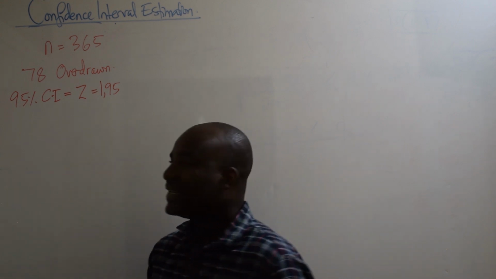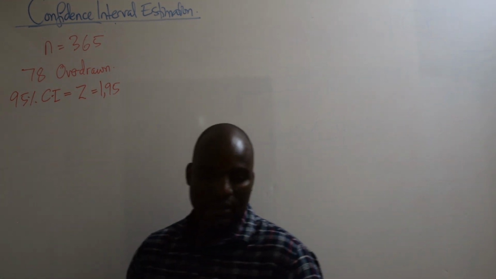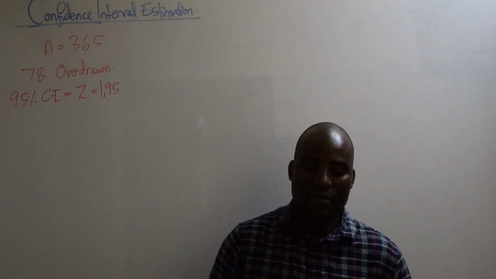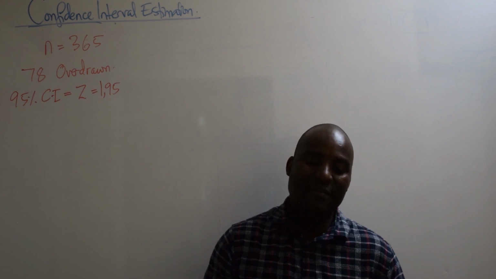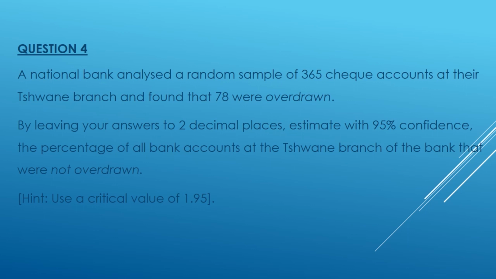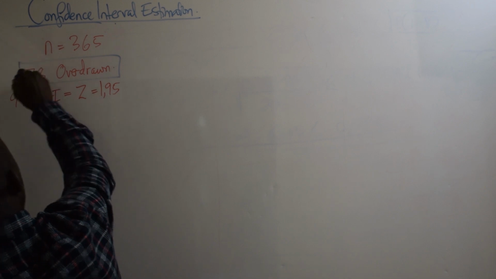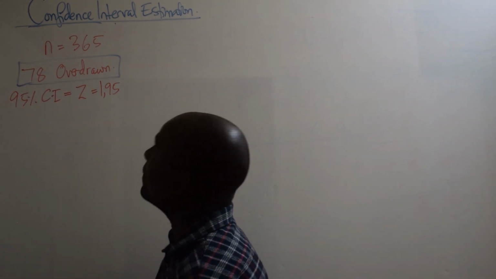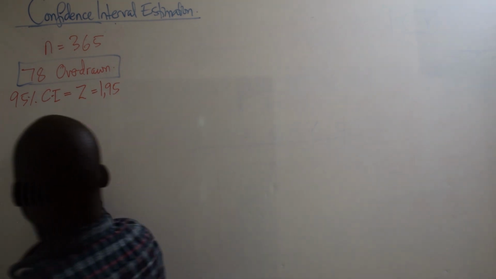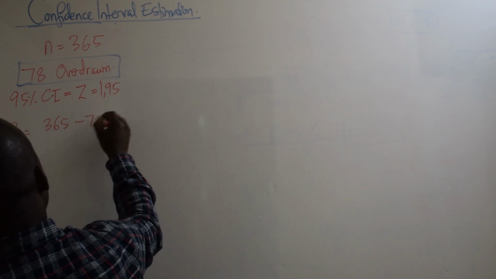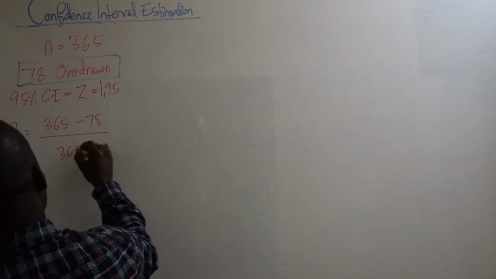We say we're looking at qualitative data, and on the last part of the question it says, by leaving your answer to 2 decimal places, estimate with 95% confidence the percentage of all bank accounts at the Tshwane branch of the bank that were not overdrawn. So if 78 are overdrawn, how much is not overdrawn? This leads us to saying our P would be 365 minus 78, which were overdrawn, over the 365.